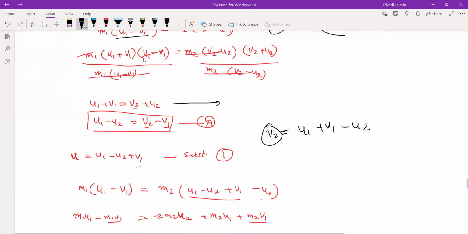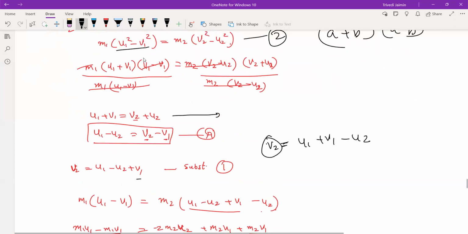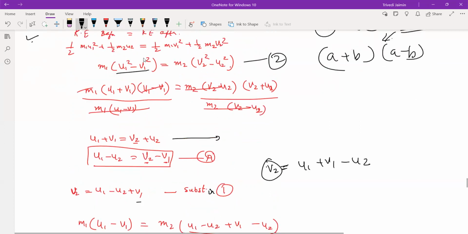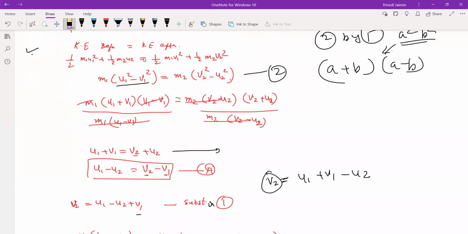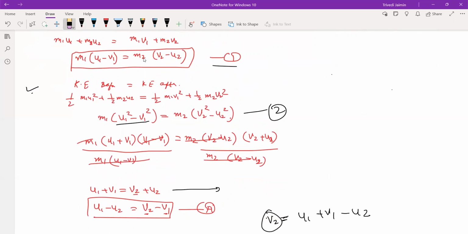Exactly. So can you show equation number 1? In my calculation I didn't mention the equation number. Yeah, no problem.